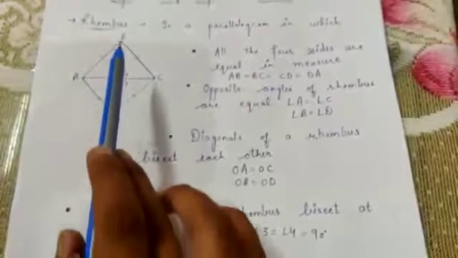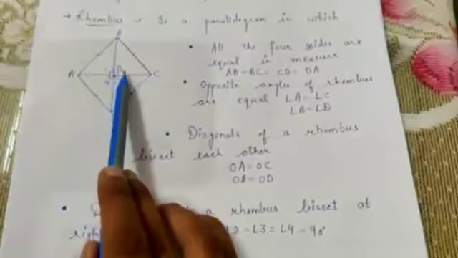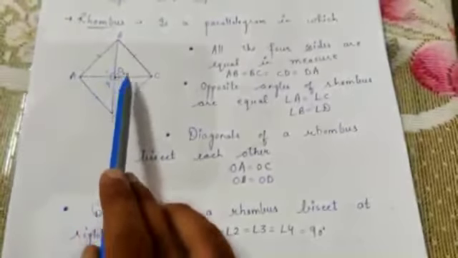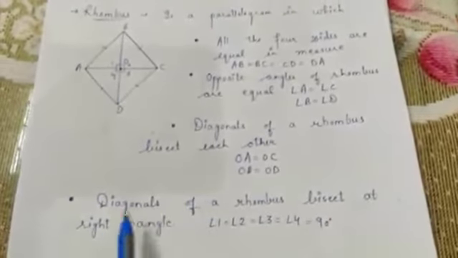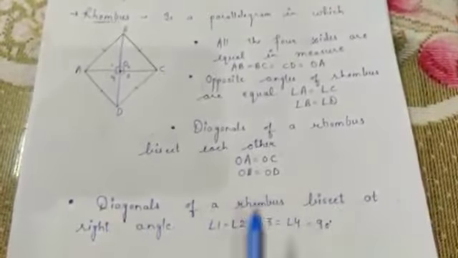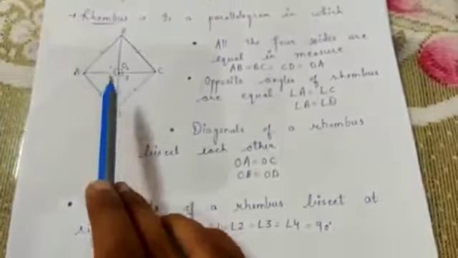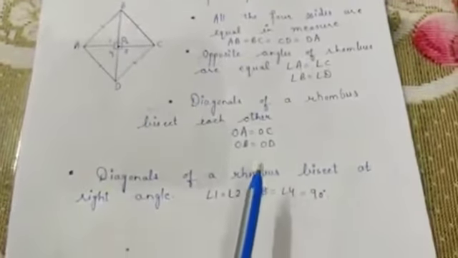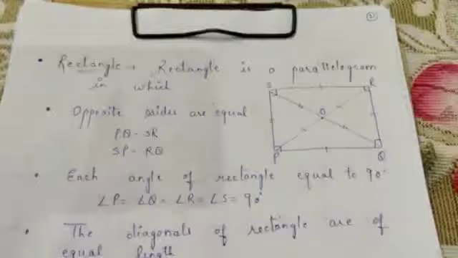So angle 1, angle 2, angle 3, angle 4, these all angles are 90 degrees. So we can say that diagonals of a rhombus bisect each other at right angles. All these angles are 90 degrees, or we can say right angles.